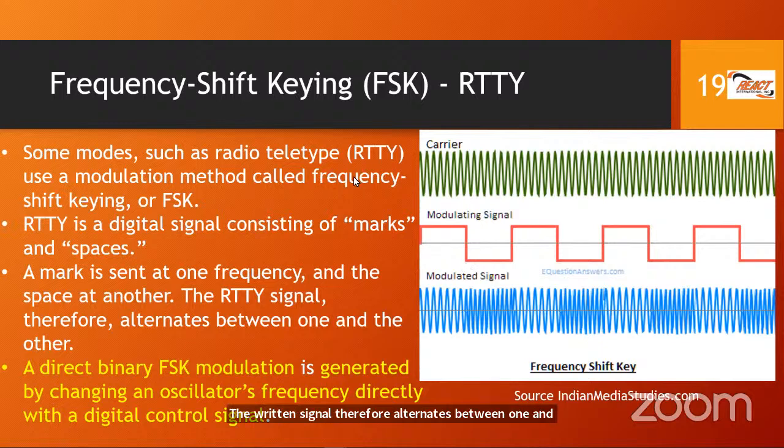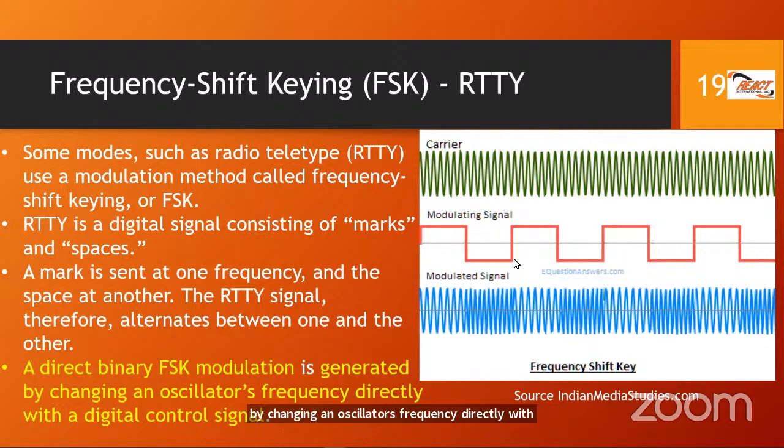So RTTY. And for the exam, you need to know about direct binary FSK modulation. Again, they're trying to tie us up with some fancy terminology, but don't get tied up. They say direct binary, so it's a direct signal and it's binary, 1 and 0. FSK means frequency shift keying. Modulation is generated by changing an oscillator's frequency directly with a digital control signal.